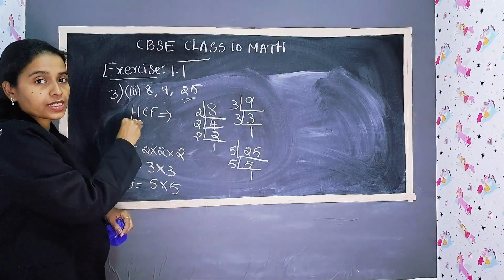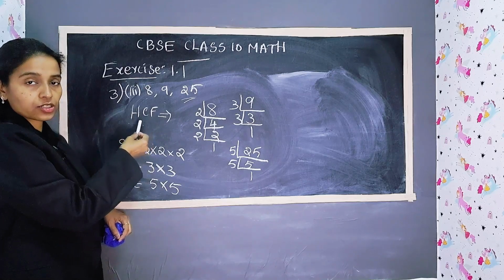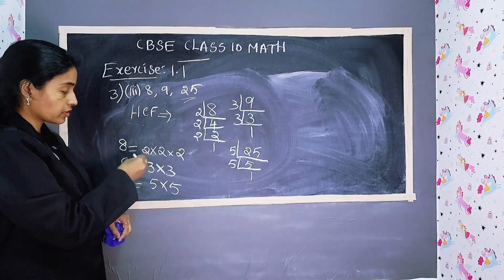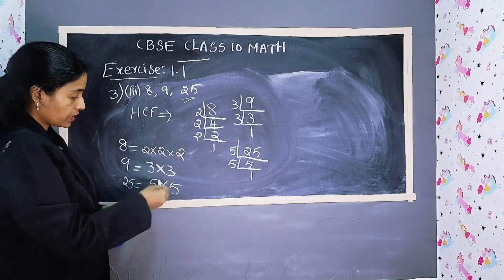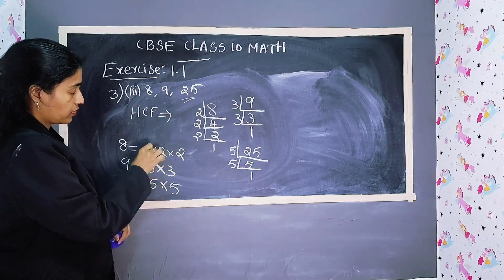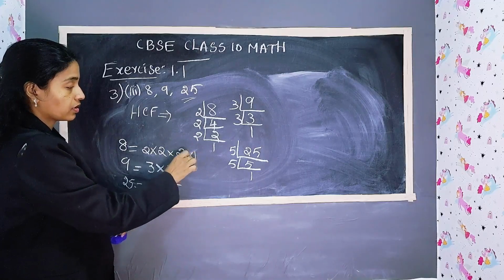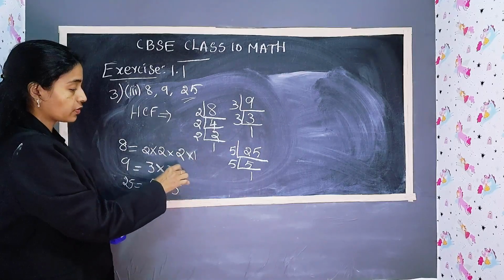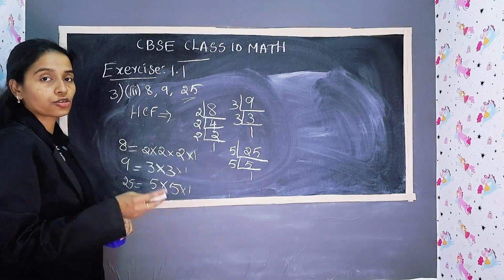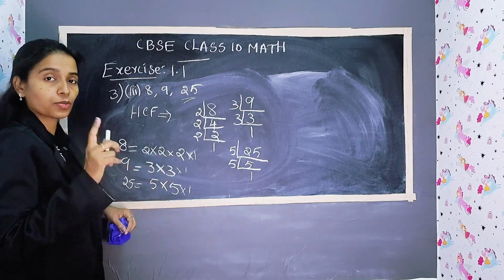So for finding HCF, what would be the common factor? HCF is nothing but the highest common factor. That is the common factor present in these three numbers. What would be the common number? We don't have any number as common, right? So we can take one. It doesn't matter whether we write it or not, but if there are no common factors, we should take the common factor as 1.